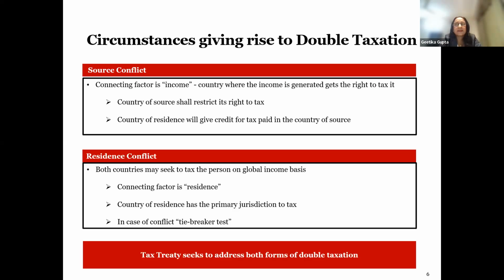So friends, here it is very important to understand, while we have talked about the types of double taxation, what are the circumstances that are giving rise to double taxation? That's basically what we normally talk about as the source and the residence link.